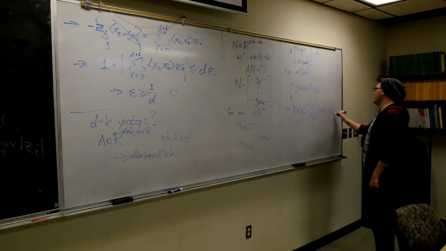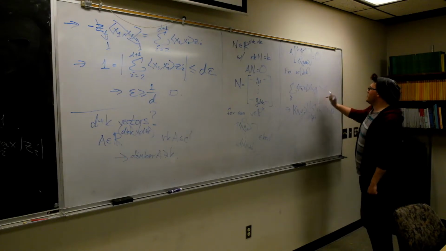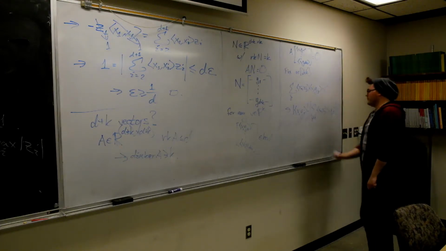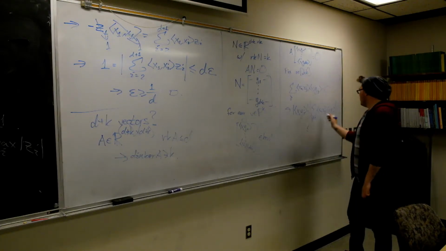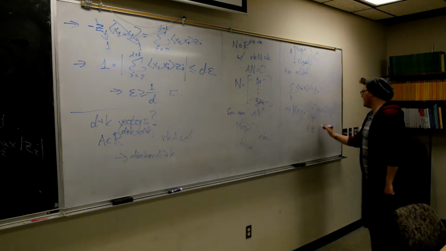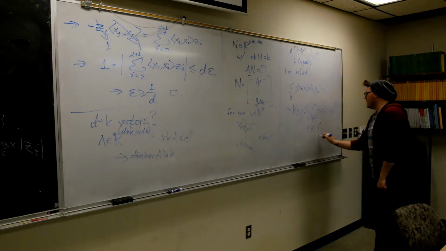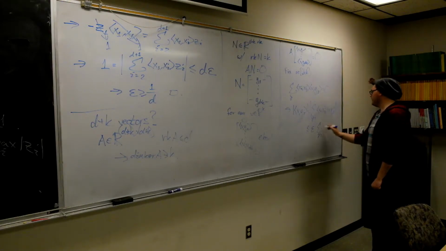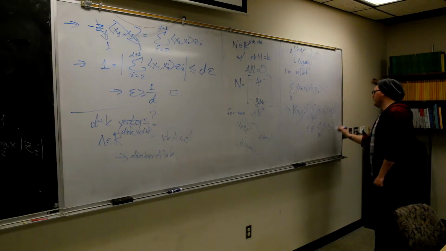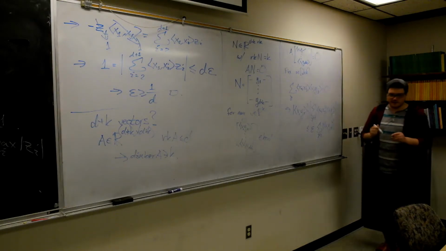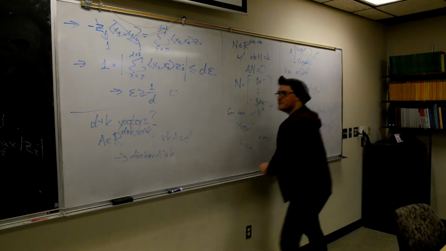Sorry, that should have been j, I apologize. This is at most, well, we're going to get an epsilon here, and then the sum over j not equal to i of the absolute value of v with yj, just again using the triangle inequality. Let's put that over to the blackboard.